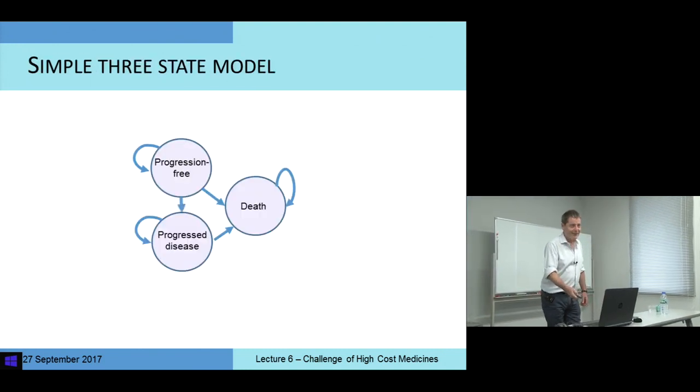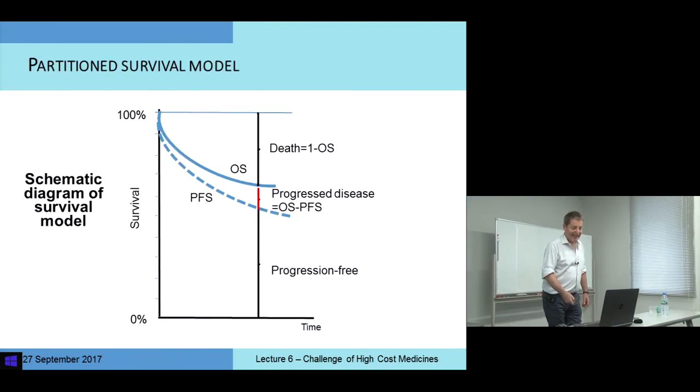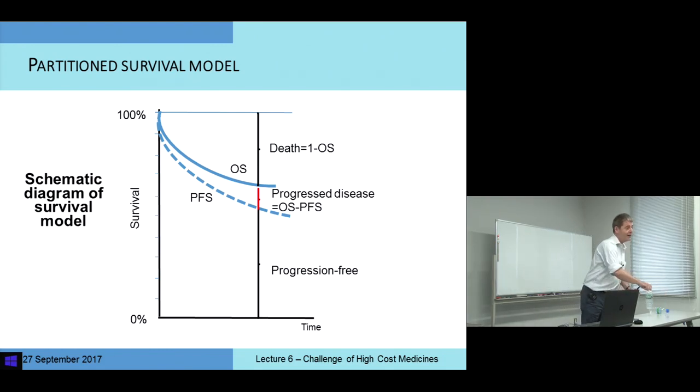So that's a simple three-state model. They've all been partition survival models, and these are quite an interesting form of modeling, which is a bit like a Markov model, but almost simpler to operationalize.